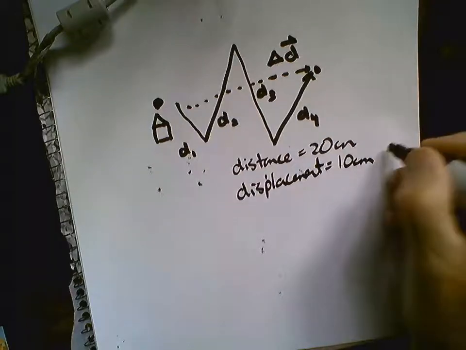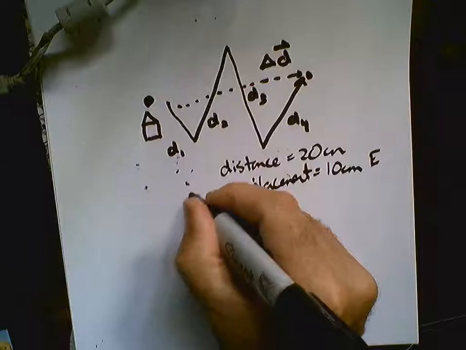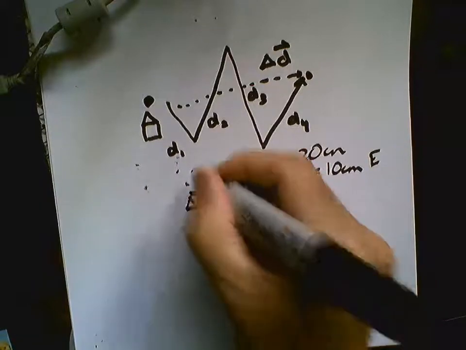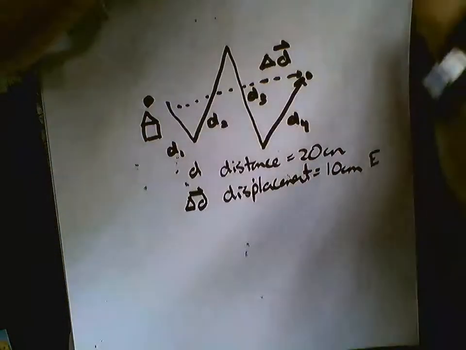It's 10 centimeters east. We always need a direction when we do displacement. So distance is for things where we don't care what direction they're in. For displacement, when we're talking about missiles and airplanes, we definitely care what direction they're going in.